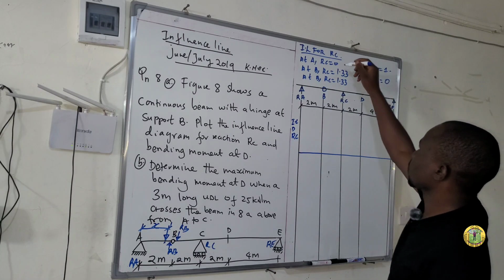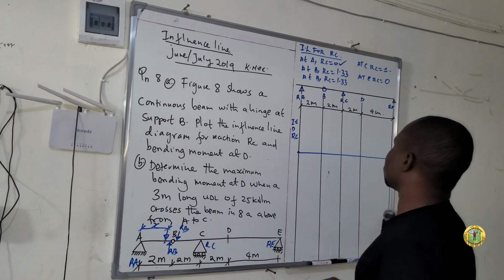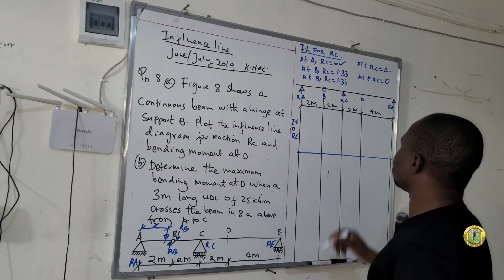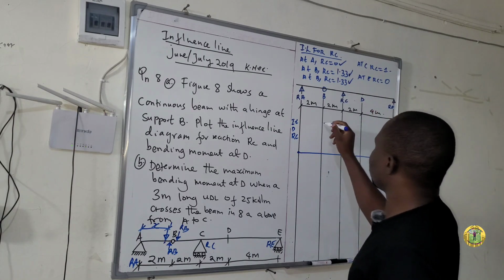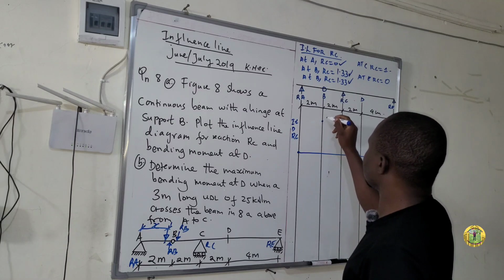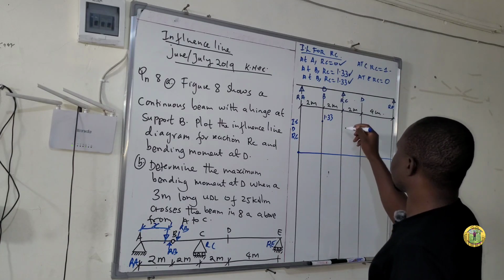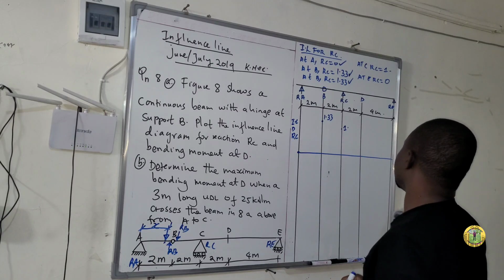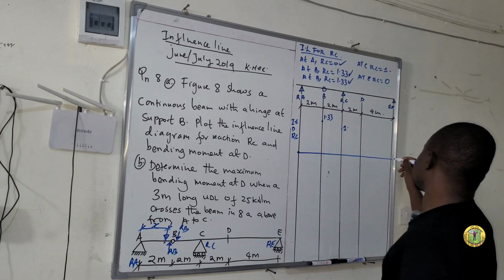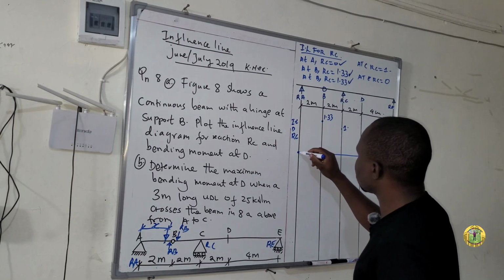So we begin at A. At A is 0. So here is 0. And then at B is 1.33. So we have to B, the same value, 1.33. And then we come to RC. RC is 1. And then at E is 0. Here is 0. So we will connect the points.